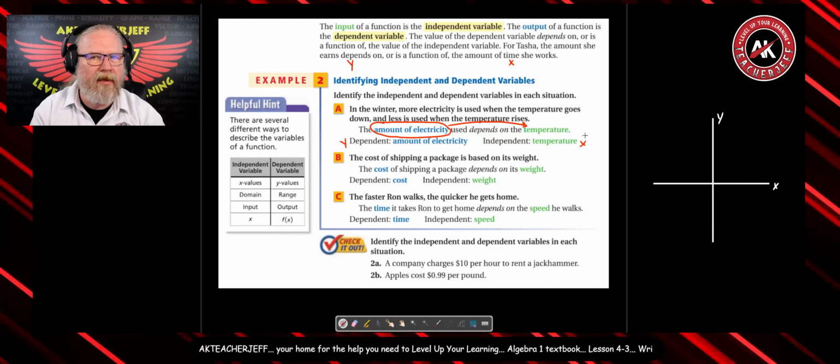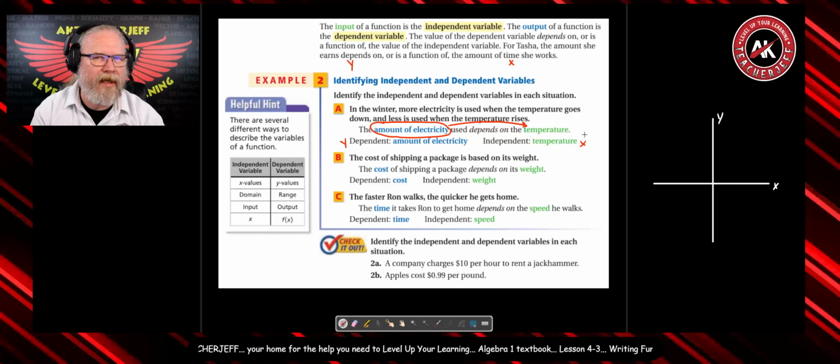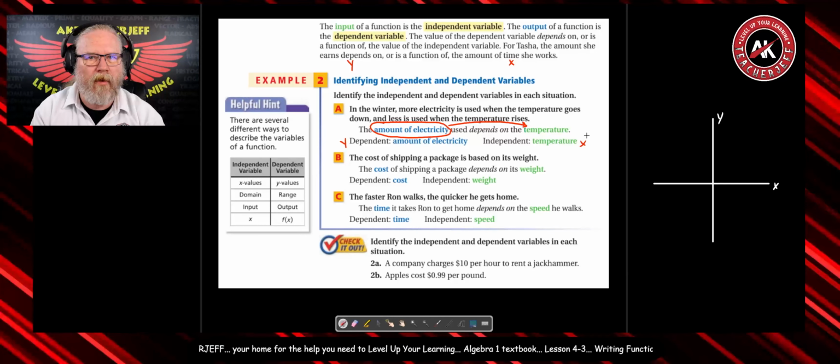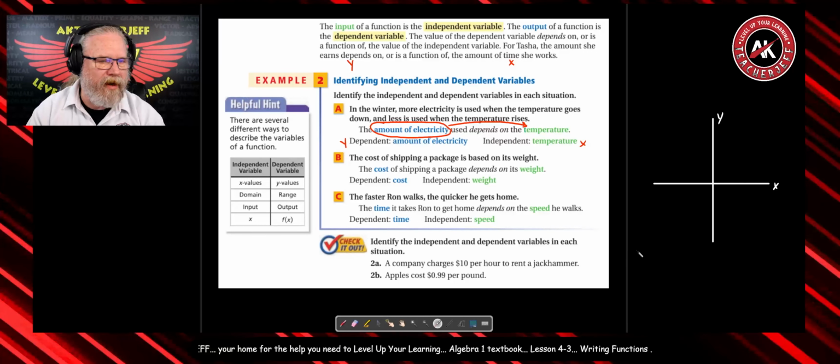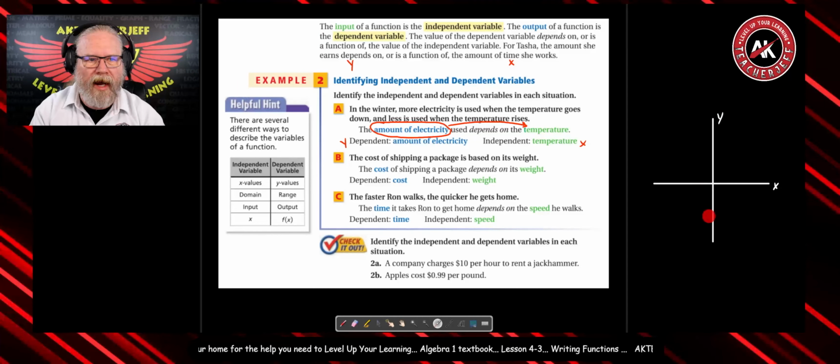I think at this point is where I'm going to point out the trick of how I remember the difference between dependent and independent variable, which one's which. So let's look at this graph over here. I've got this horizontal x-axis and a vertical y-axis.